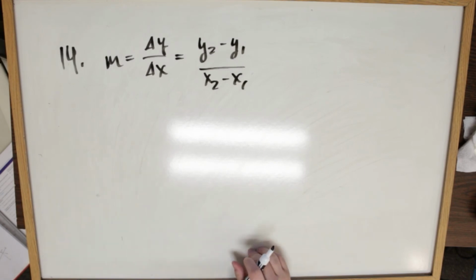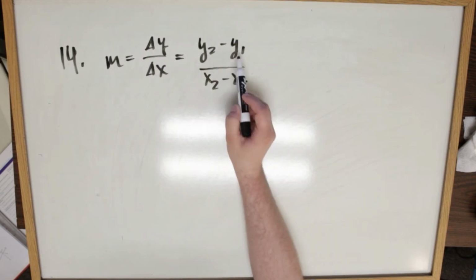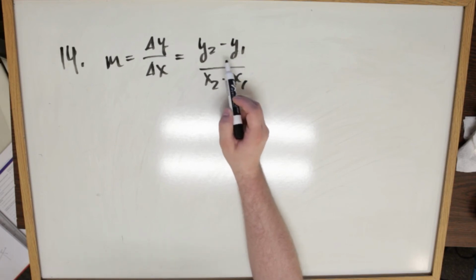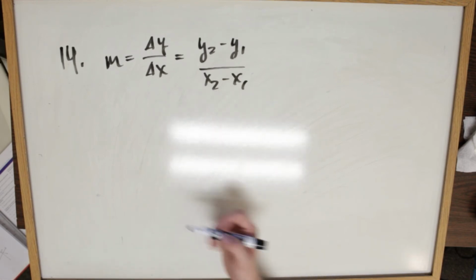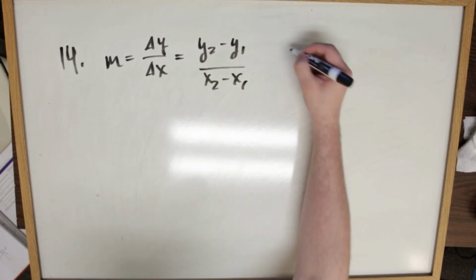Something to bear in mind, the order does not matter. You can put them in any order, they just need to be the same. I should rephrase. You can do y1 minus y2 or y2 minus y1 as long as the bottom matches the same.